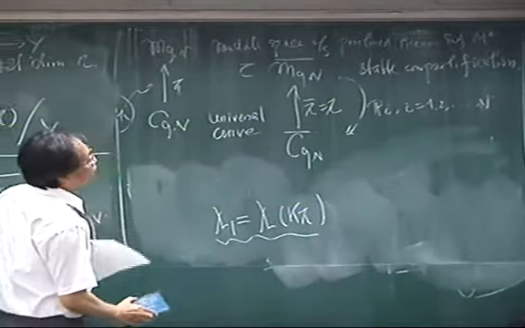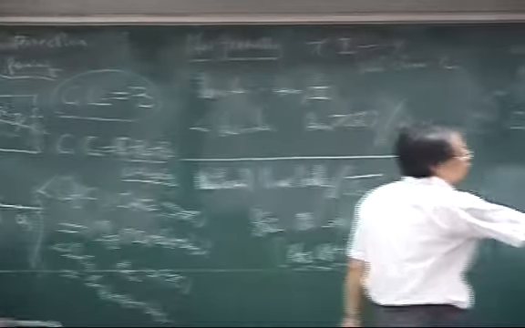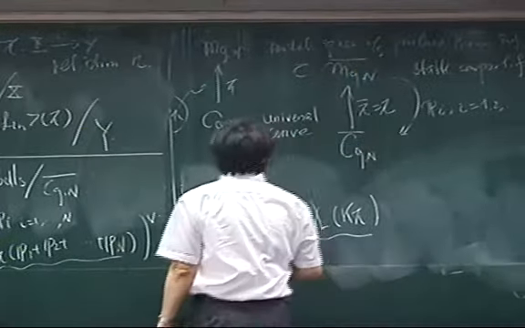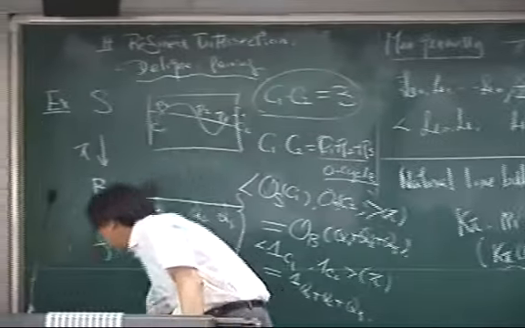Okay, so those are the basic line bundles you can get on M_{g,n} bar. That actually controls the geometry of this moduli space of punctured Riemann surfaces.